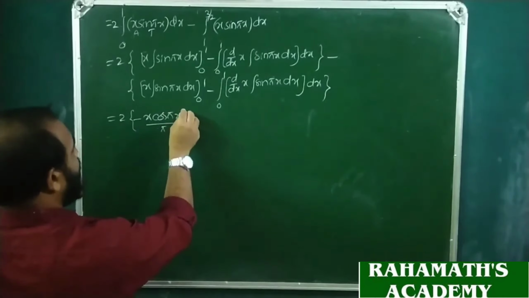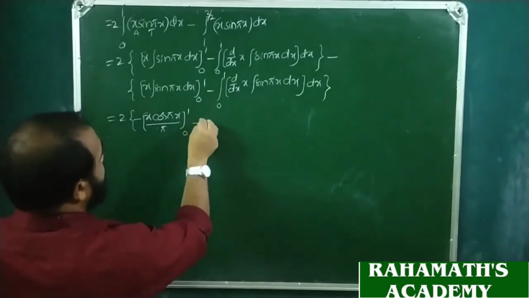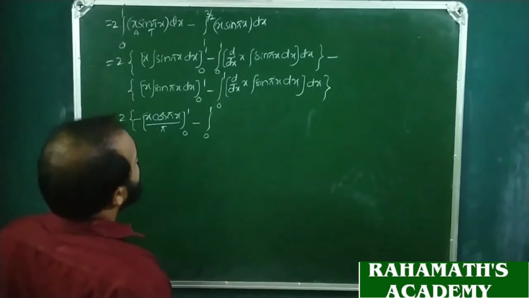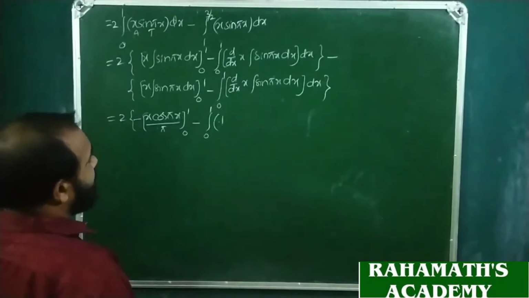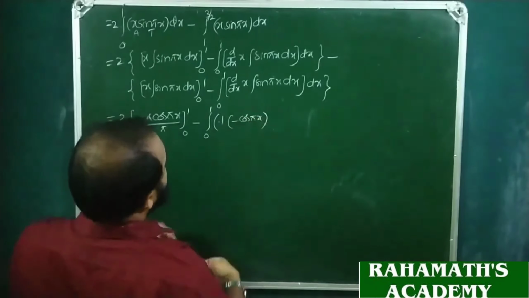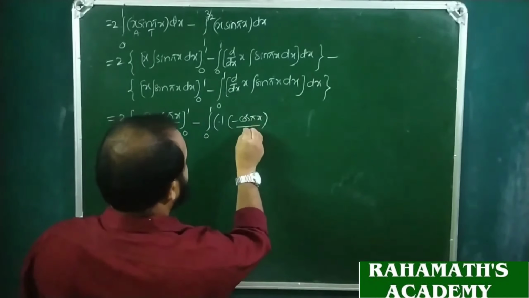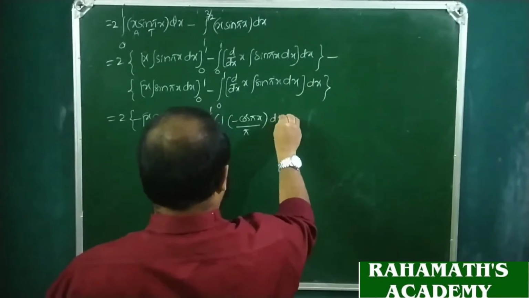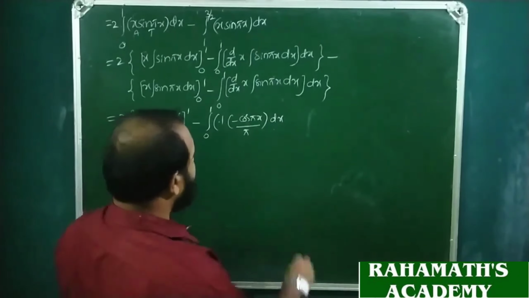So since the process is over, 0 to 1 is to be written here, minus 0 to 1, d by dx of x is 1, integral sine pi x is minus cos pi x by pi, into dx. Integral sine pi x dx is minus cos pi x by pi.